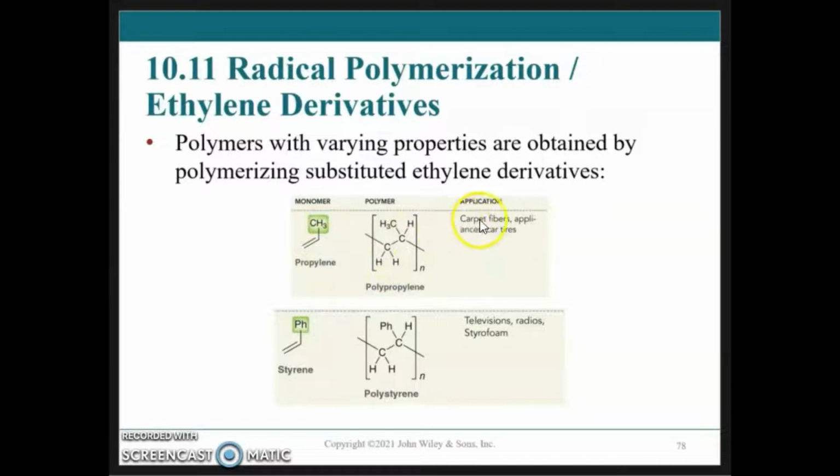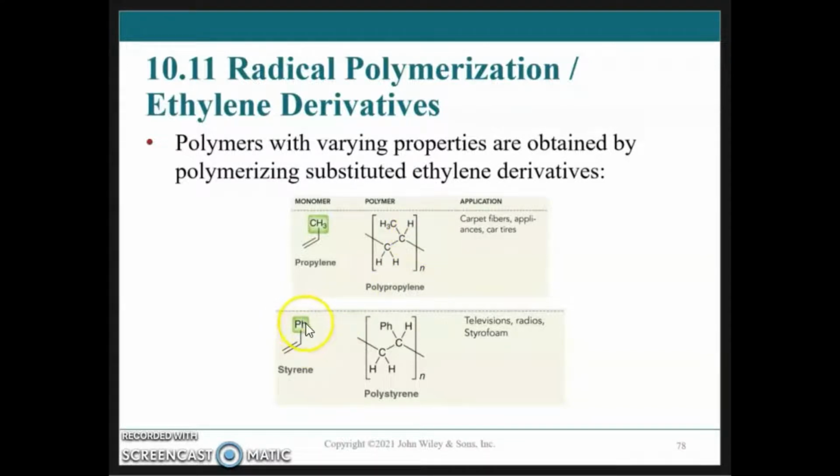And polypropylene is commonly used in carpet fibers, car tires. Polypropylene can be used in piping in the same way that PVC piping is used to remove wastewater.